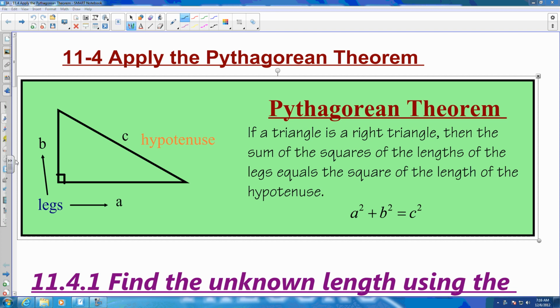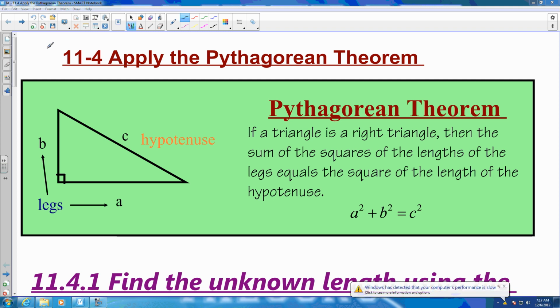Now, the Pythagorean theorem is probably one of the more useful theorems that you will come across, because you will have to apply this theorem in geometry, in trigonometry, and other forms of mathematics once you go through different math courses. So it's a very useful theorem, and here's what it means.